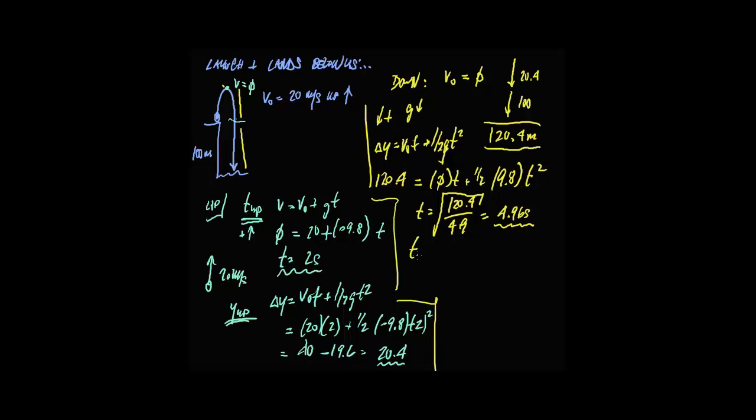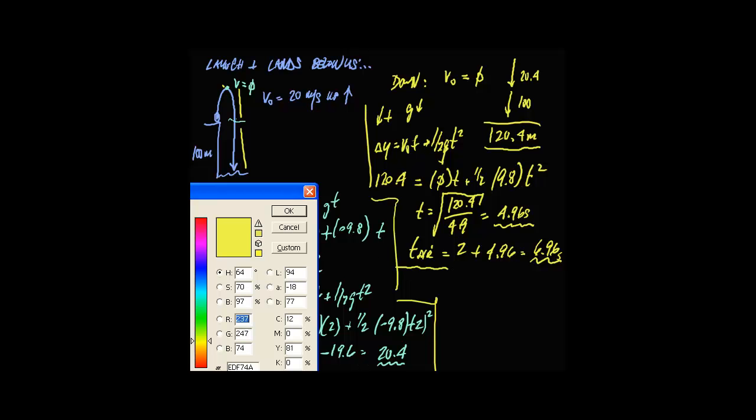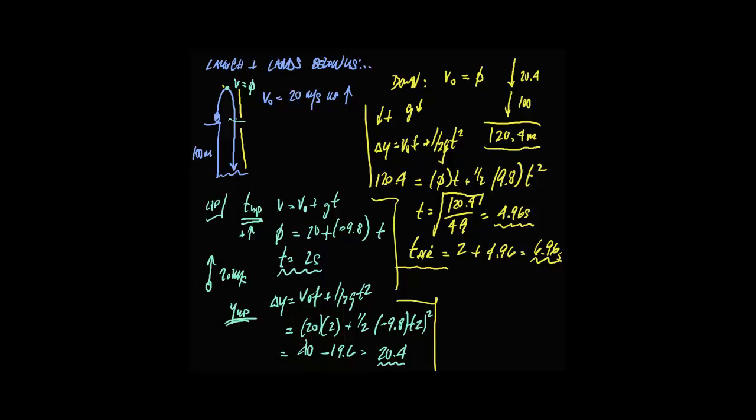So the total time in the air, if we would jump and do this instead of throwing it, would be the time up, which is 2 seconds, plus the 4.96 on the way down. 6.96 seconds is the total air time. Now lastly, if I want to know how fast it hits the ground, once it comes back down, I can use v equals v0 plus g t, positive down.